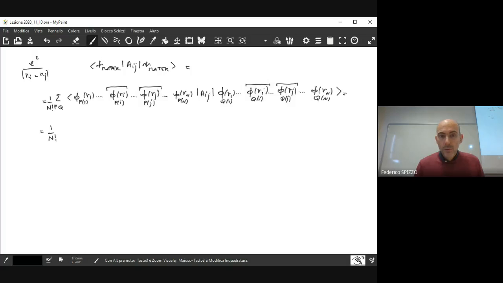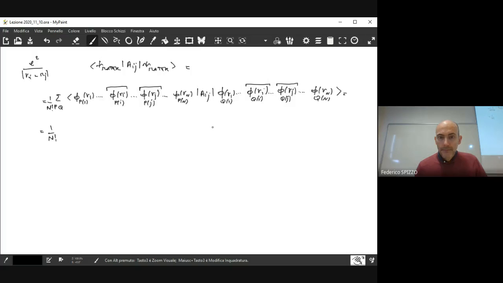So for all the other indexes, from 1 to i, then from i to j, and from j to n, we have the same situation that we had yesterday. In that case, the permutation P and the permutation Q have to be equal.